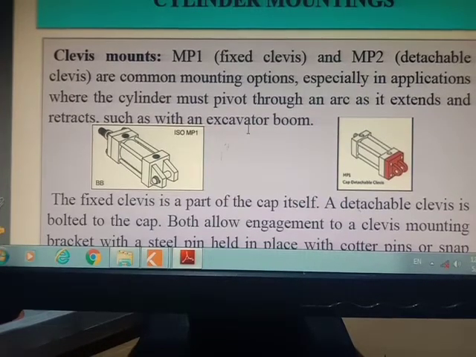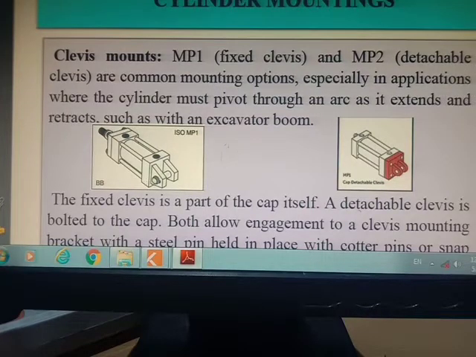These are common mounting options, especially in applications where the cylinder must pivot through an arc as it extends and retracts, such as with an excavator boom. So where this Clevis mounting is provided, you can pivot the cylinder.